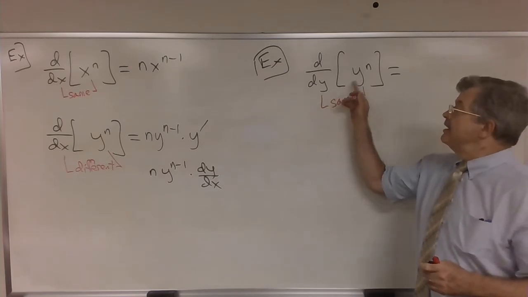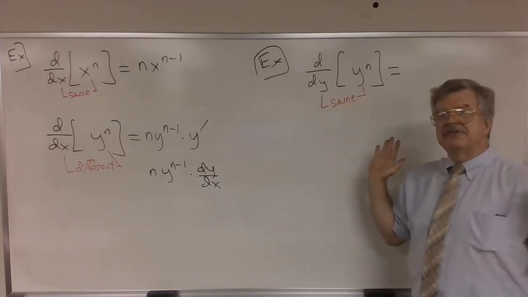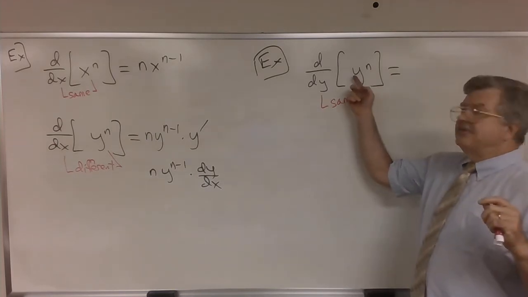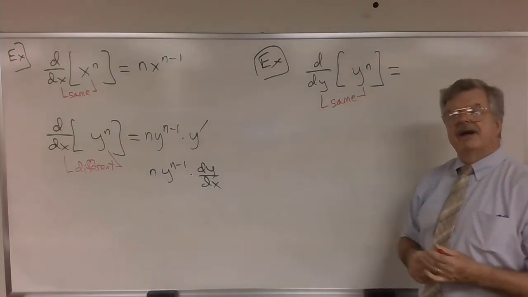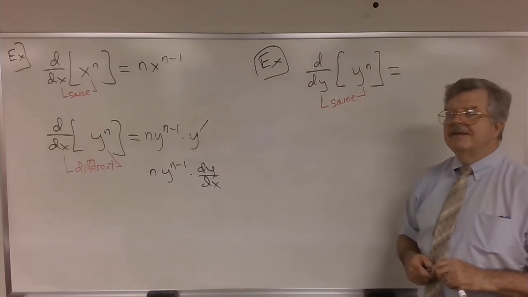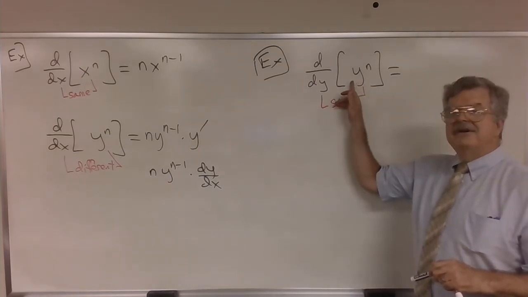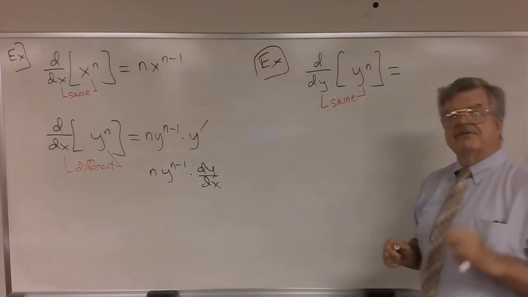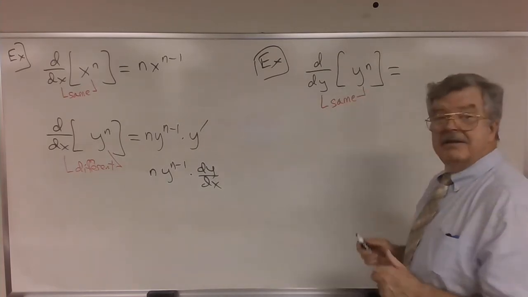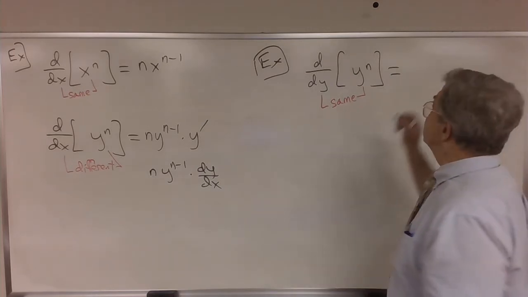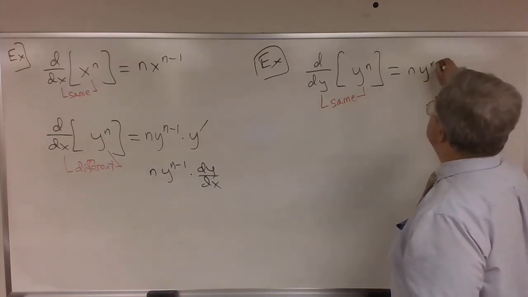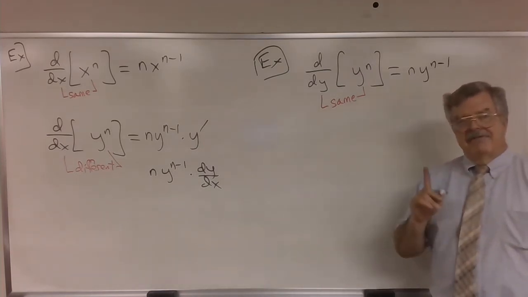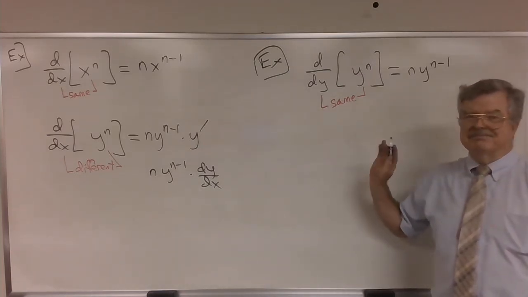Since these two variables are the same, y is just a variable, nothing more. We don't view this as a function raised to a power. So if this is just a variable raised to a power, what should we get? Just the power rule, right? n y to the n minus 1. That's it. Now, if you think I'm done with this example, not quite.